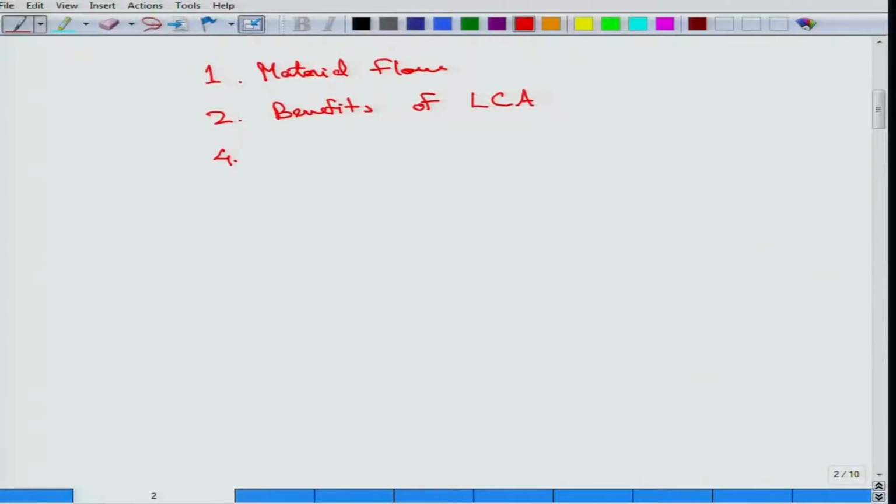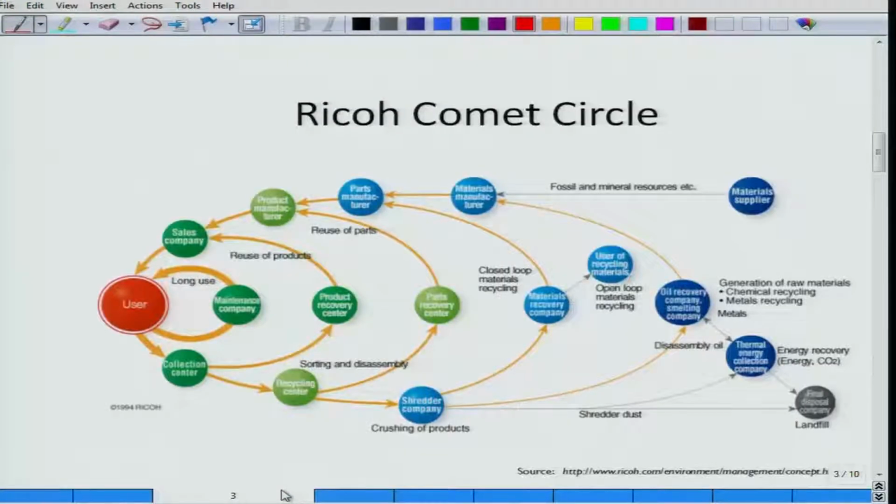Then we'll take an example of automobile LCA. Right. So, I will start with this one.